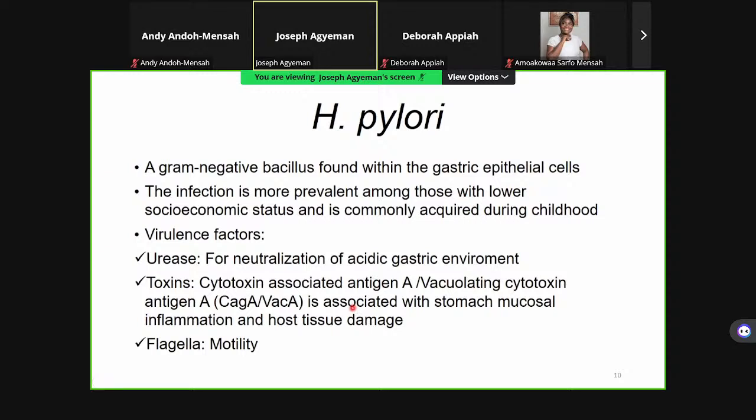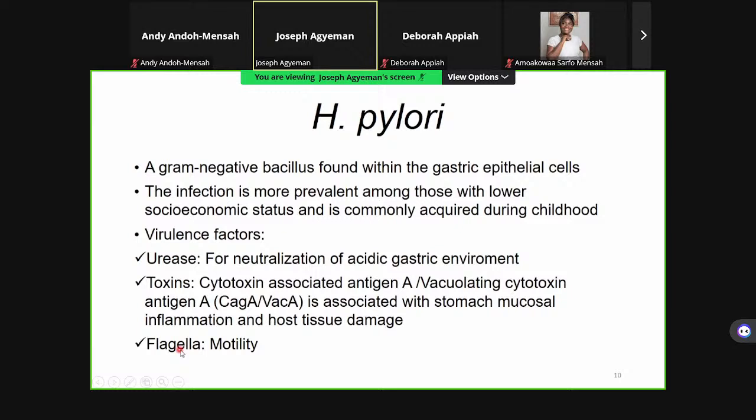The sad thing is that after doing all these things, it runs away from that area, moves to another region and causes another inflammation, because it has flagella, a means of motility. So it survives by releasing the urease enzyme, breaking down urea to ammonia and carbon dioxide. The ammonia neutralizes the acid. It uses these toxins to cause excessive inflammation and tissue damage, that is ulcer.